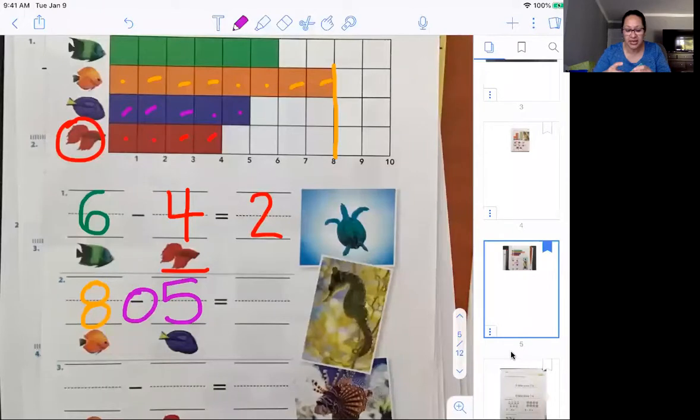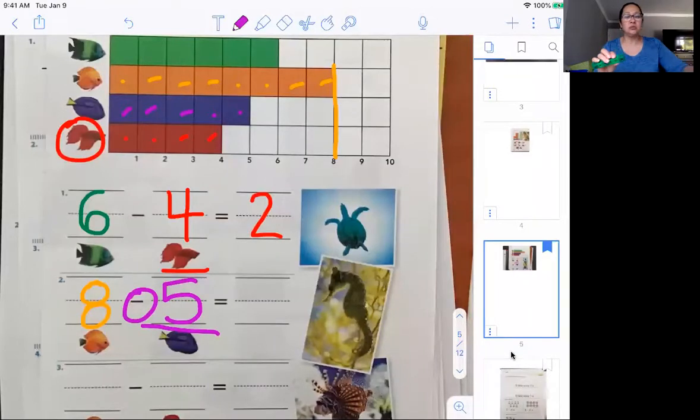So I'm going to put 8. It doesn't matter if they're a different color. So here's 8. 1, 2, 3, 4, 5, 6, 7, 8. I'm going to take away 5 because they want me to take away 5.